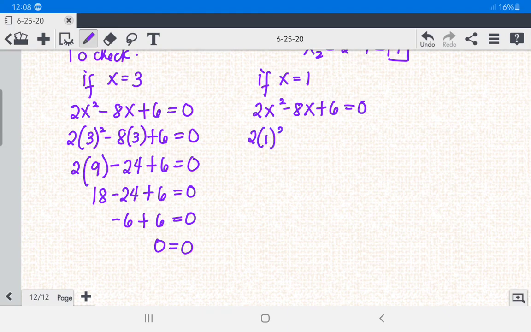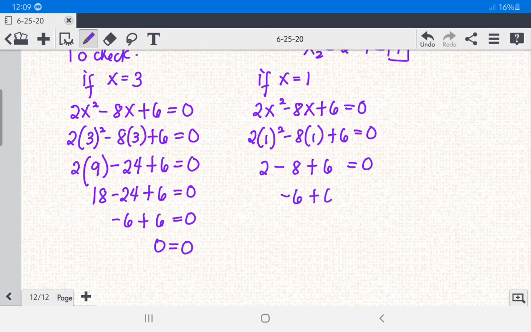Then 1 squared is 1, times 2, we have 2. Minus 8 times 1, we have 8, plus 6 equals 0. So, 2 minus 8, we have negative 6 plus 6, we have 0 equals 0. Check. So, both values of x satisfy the given equation.